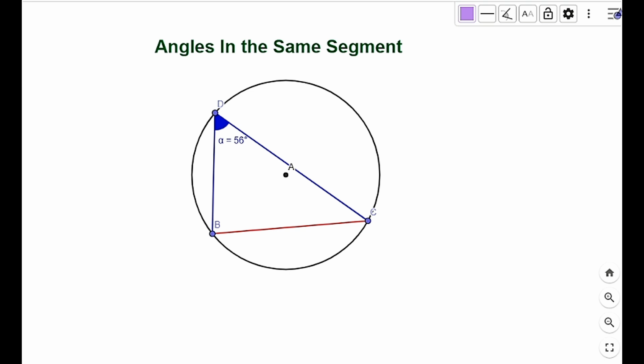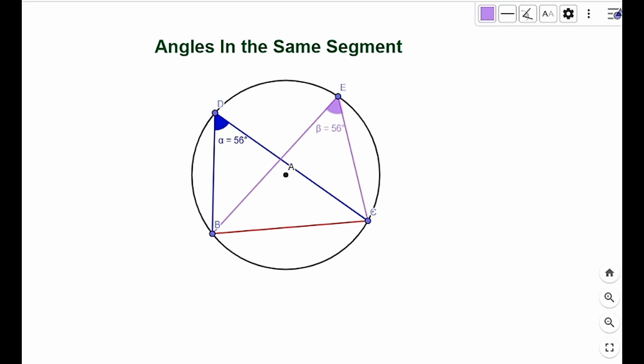Now again we take a point E on the circumference of the circle and join the lines BE and EC and measure the angle BEC, we find it also 56 degree.